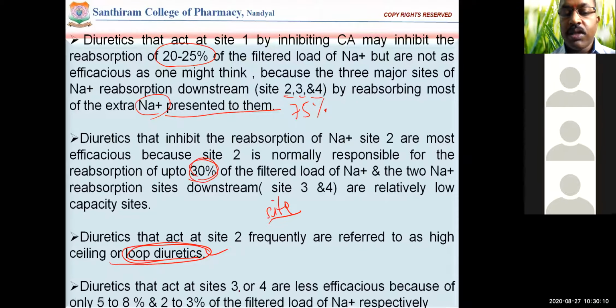Diuretics that act at sites 3 and 4 are less efficacious, because only 5 to 8%, and 2 to 3% of the filtered load of Na plus respectively are being prevented. So sites 3 and 4 are less efficacious in the diuresis process.